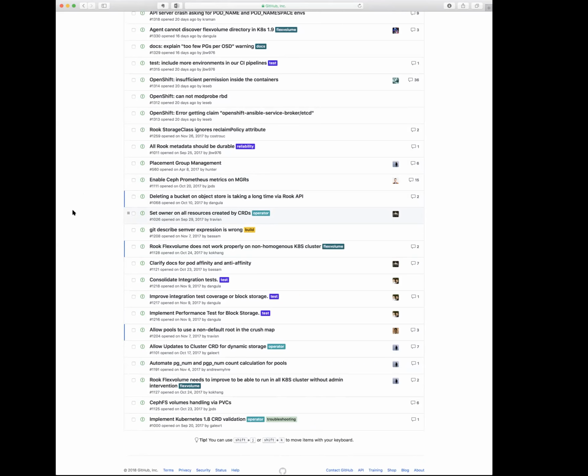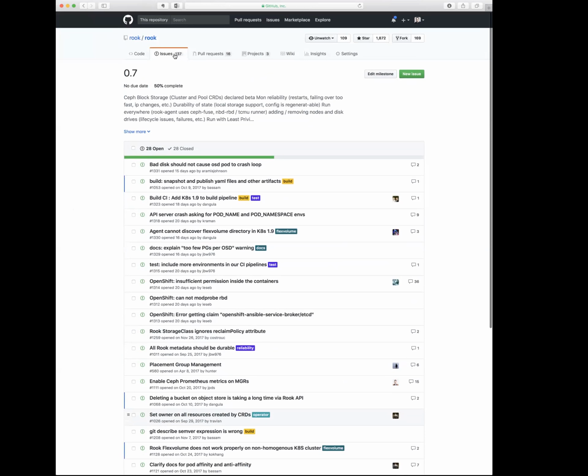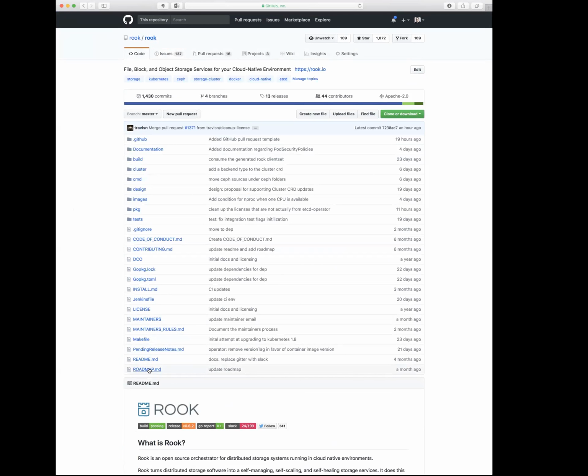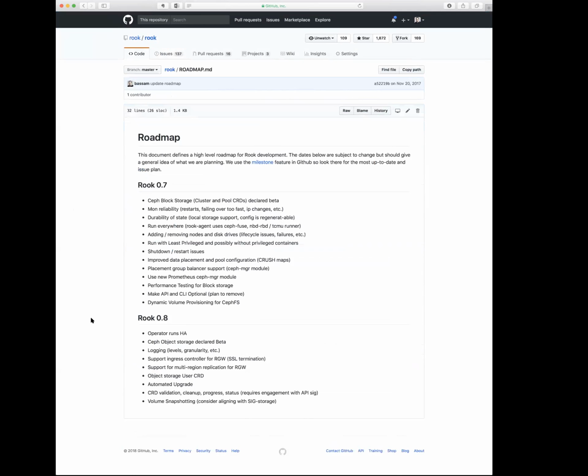Yeah. I don't see how this all gets done in 0.7. It sounds like upgrade is going to be pushed out to me. I think upgrade was on the 0.8 in the roadmap too. Okay, good. Yeah. Oh, that's true.